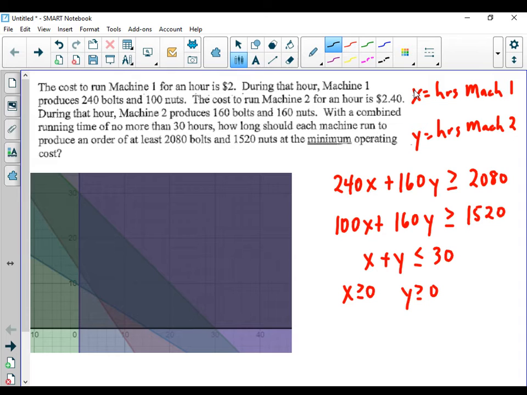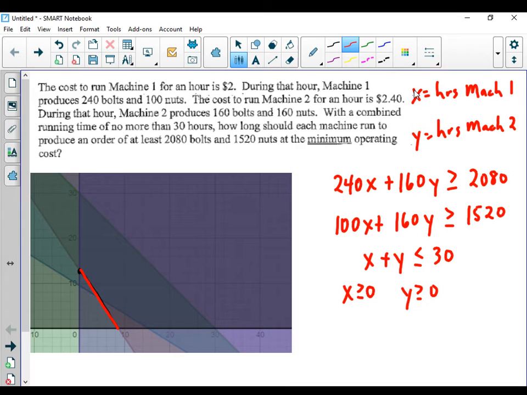So that was this graph here. I'll use a different color there. There we go. So we have that graph there, and that was greater than, so we had to shade above it.